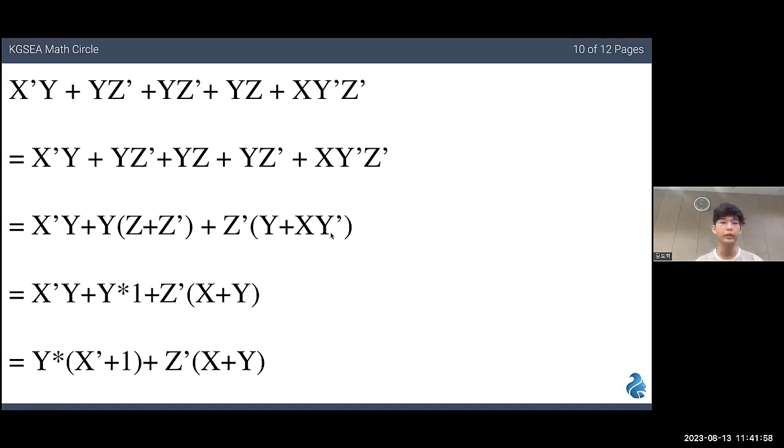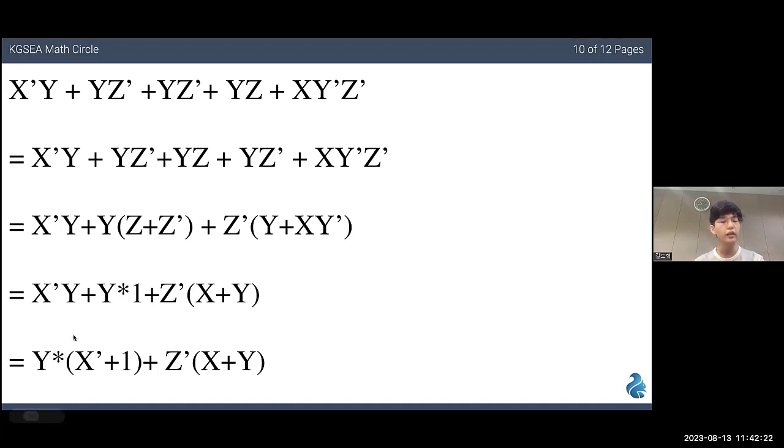According to the simplification law, Y or (X and not Y) is equal to X or Y, and Z or not Z always equals 1, as Z and not Z have opposite values and one of them is 1.